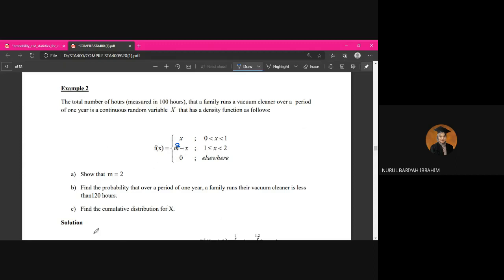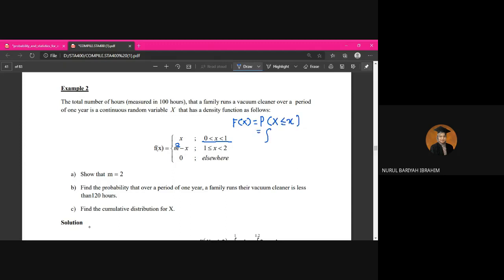So what to do is find Fx for both of the intervals here. For the first one, we know that to find the capital Fx, it is the probability of X less than or equal to some value of x.